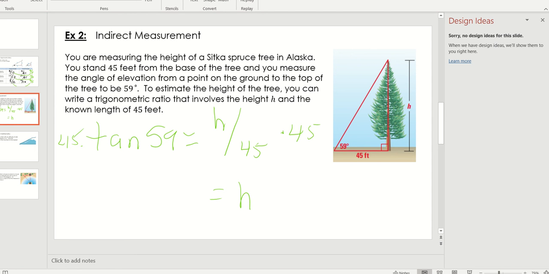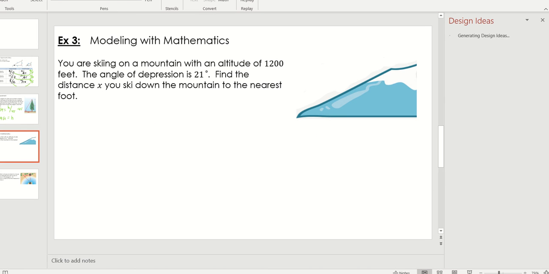Again, calculator, 45 times the tangent of 59 gives me 74.9 feet as the height of the tree. So once we figured out the correct ratio, it's pretty easy to solve. It's figuring out the ratio that's the difficult part of trigonometry.